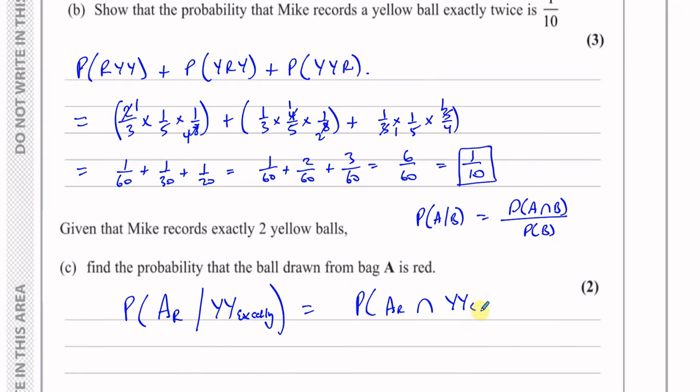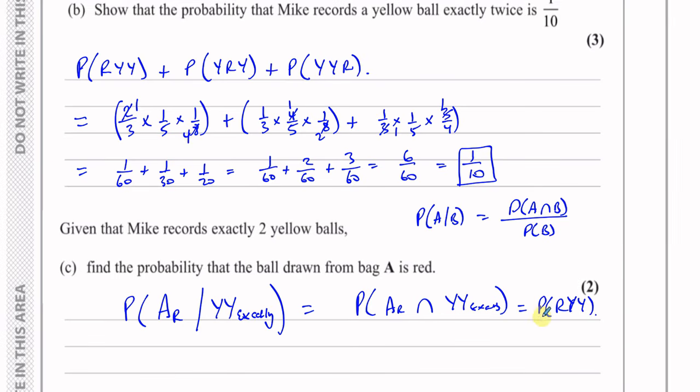It has to be that he's picked exactly 2 yellow balls, but the first ball was red. That's the same as the probability of red and then 2 yellows, which we've already found here: 2/3 times 1/5 times 1/8, that's 1 over 60.